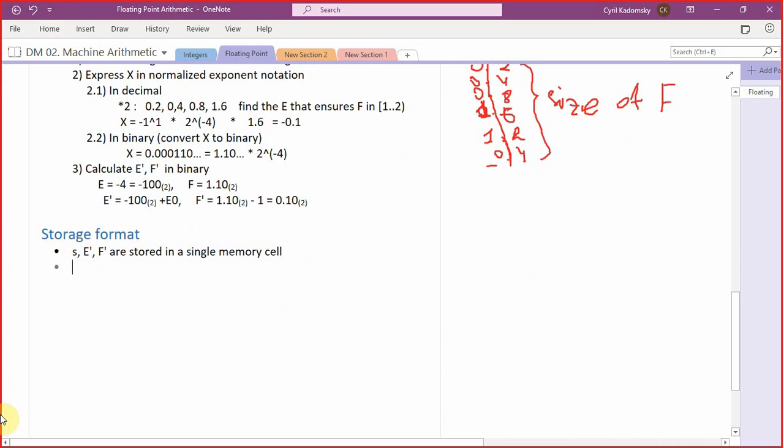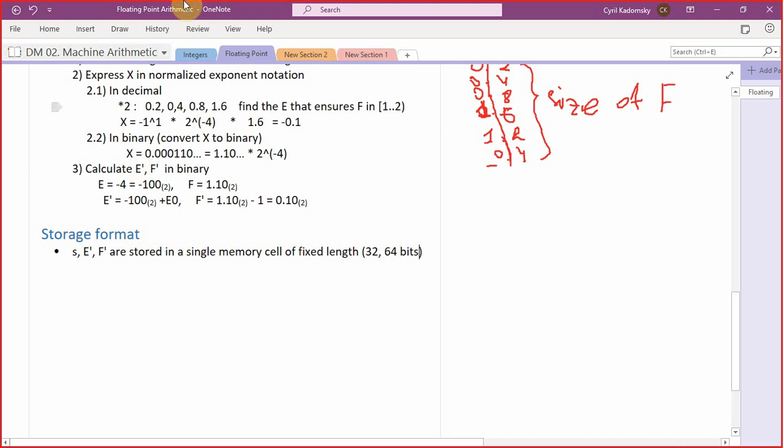Let's have a look. This memory cell, of course, has a fixed length, right? Usually, the most used cases are 32 and 64 bits in modern computers.